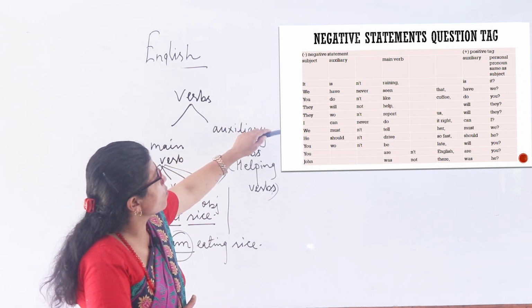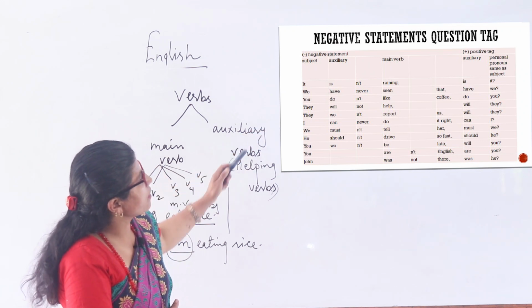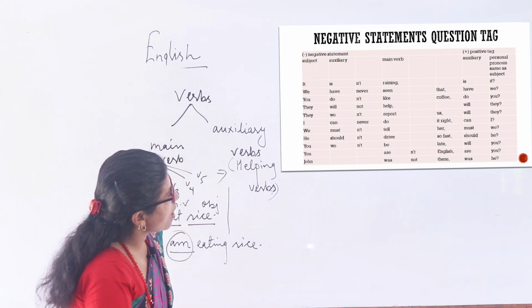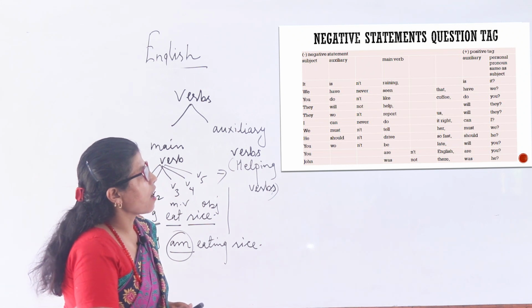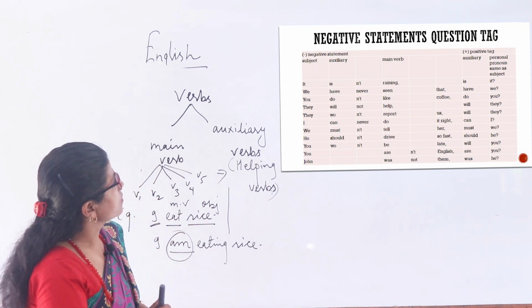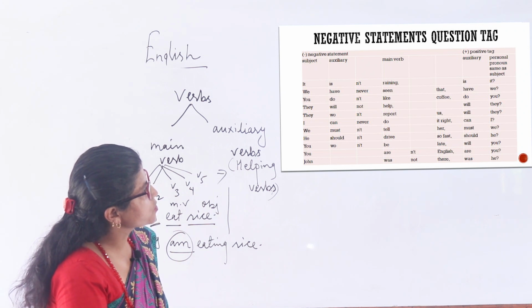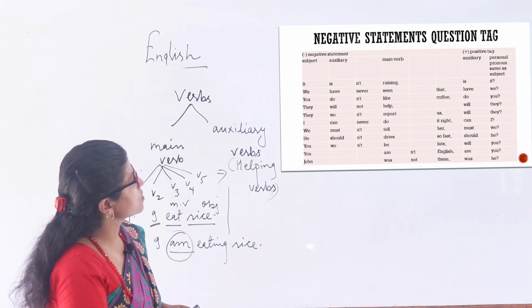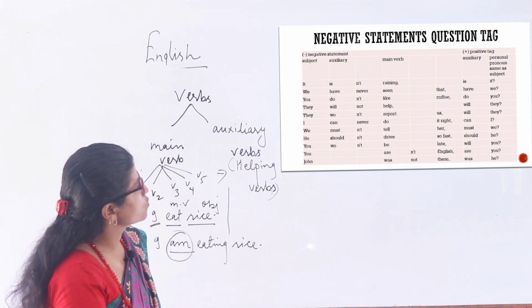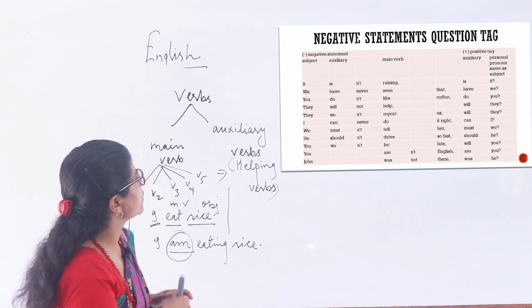Similarly, we can see some more examples, like, I can never do it right, can I? Similarly, we must not tell her, must we? We should not drive so fast, should we?